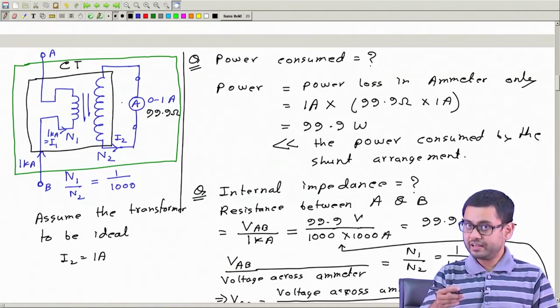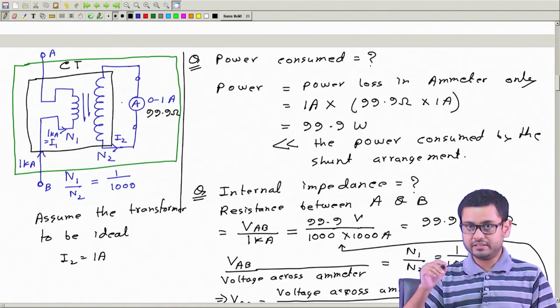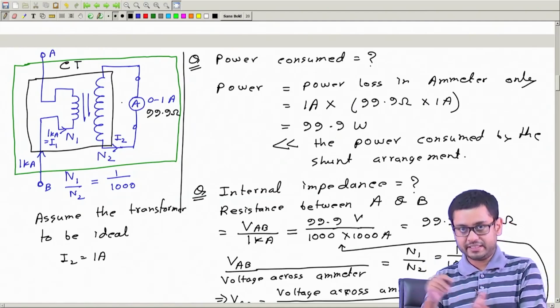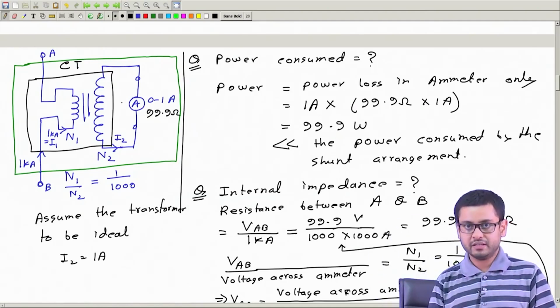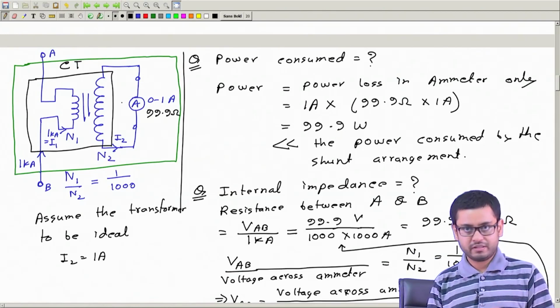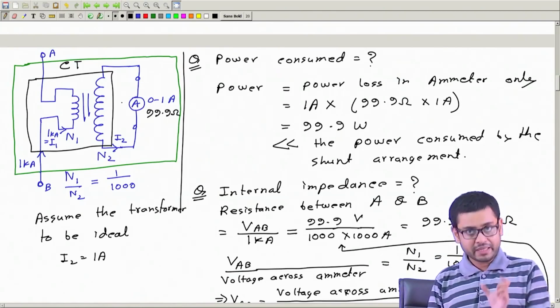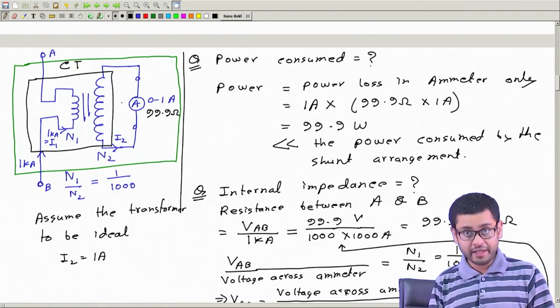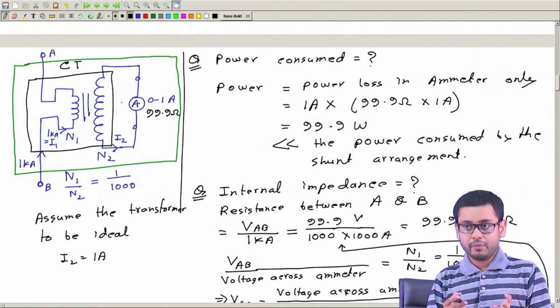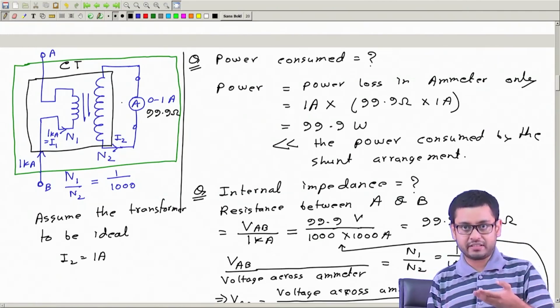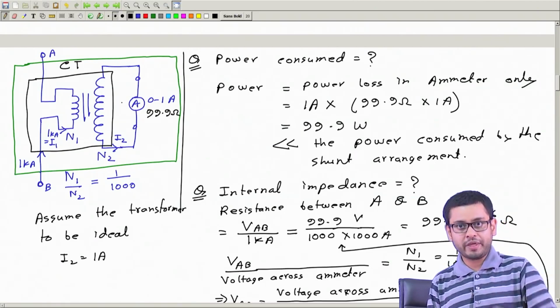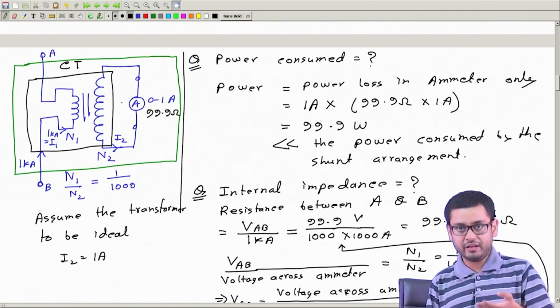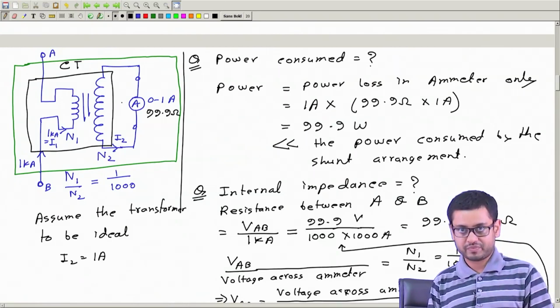If it goes there, then the circuit breaker and the relay will switch off the power supply. It is a safety instrument. Okay, but this circuit breaker is in a sense also a measuring instrument. Why? Because it is measuring the level of current, whether the level of current is going beyond the safe level or acceptable level or not.